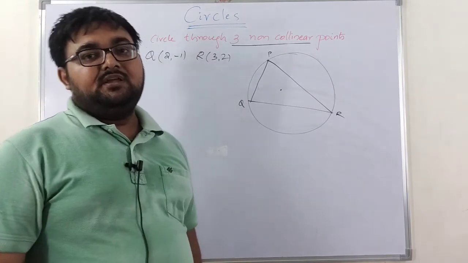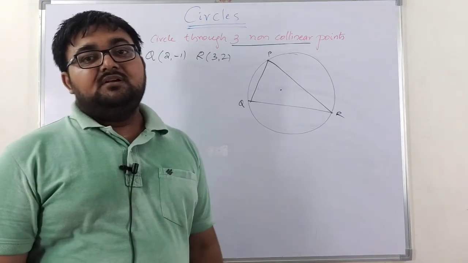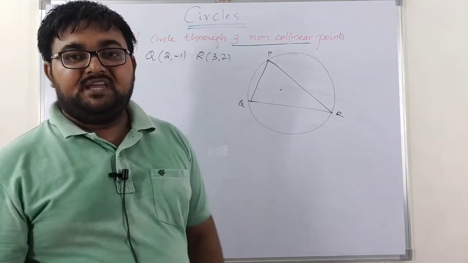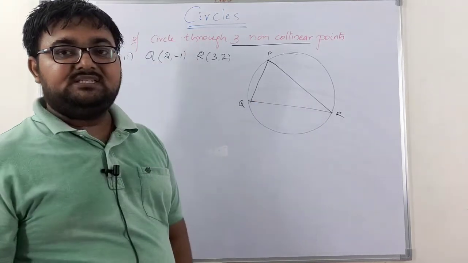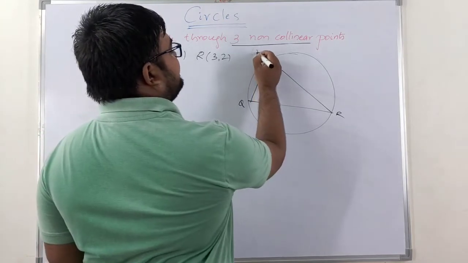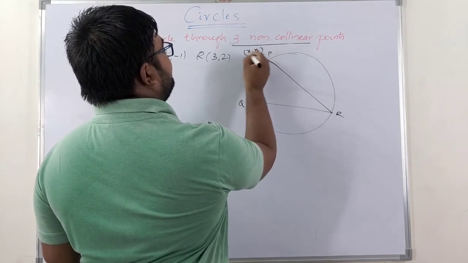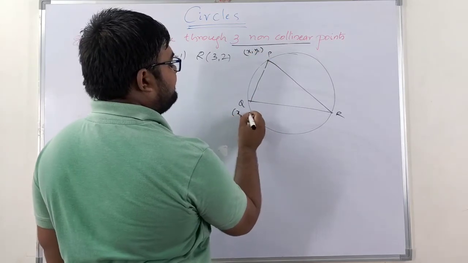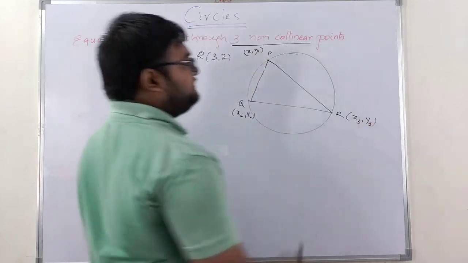If I get to know the center and the radius of the circle, then things become easier. In this particular process, this is x1 comma y1, this is x2 comma y2, this is x3 comma y3.